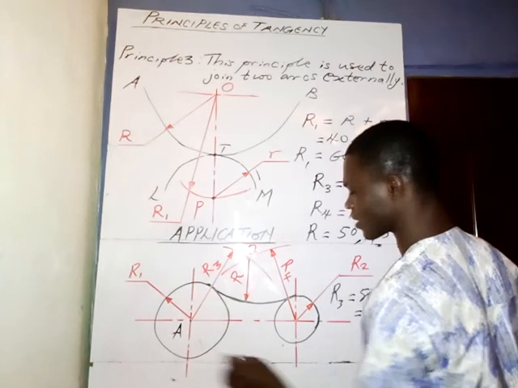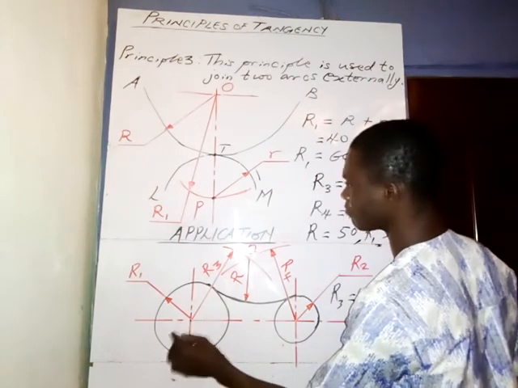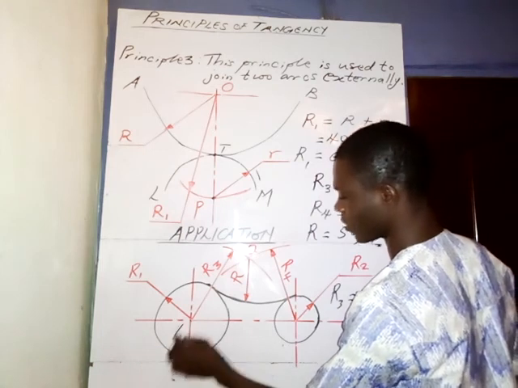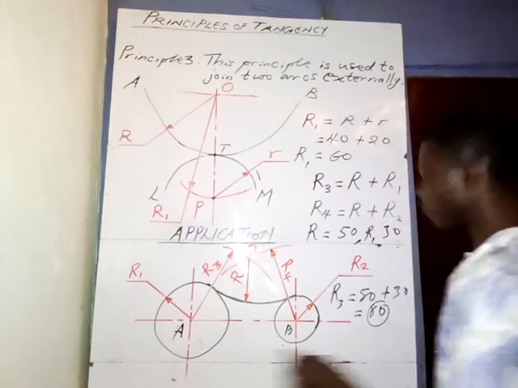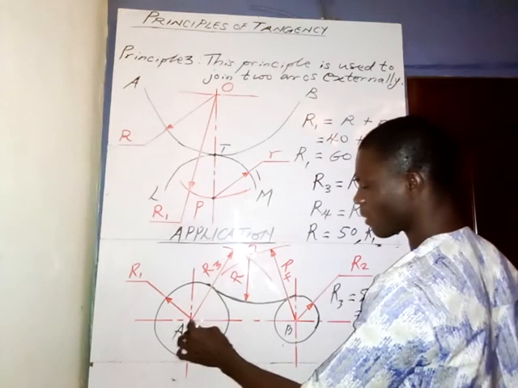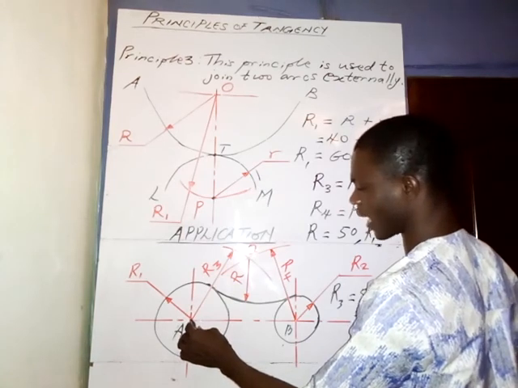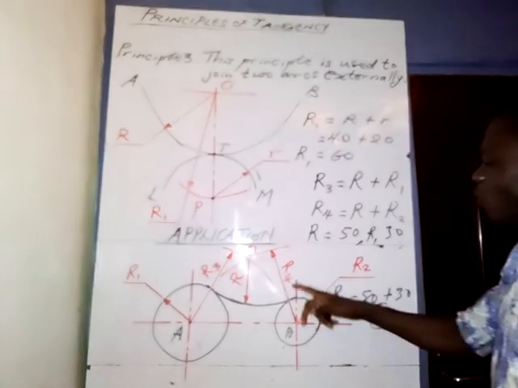Let me call the centers of the circles A and B. You put the pinpoint of your compass at this center of the circle, which is center A, and you draw this arc. Then you determine the value of R4.